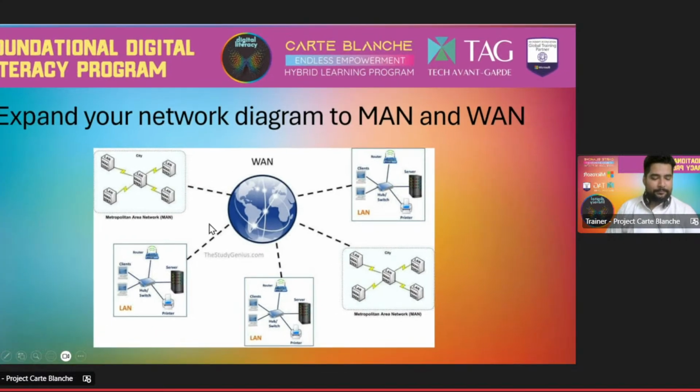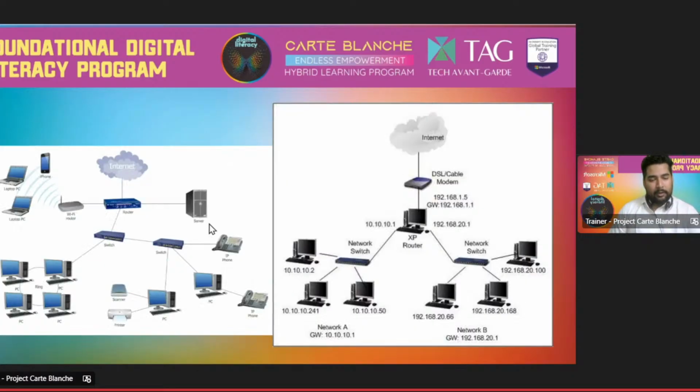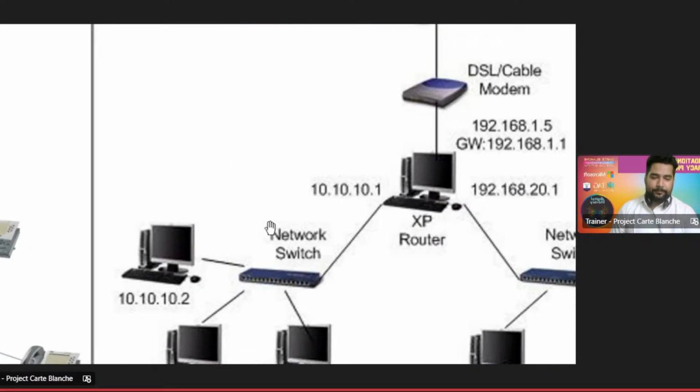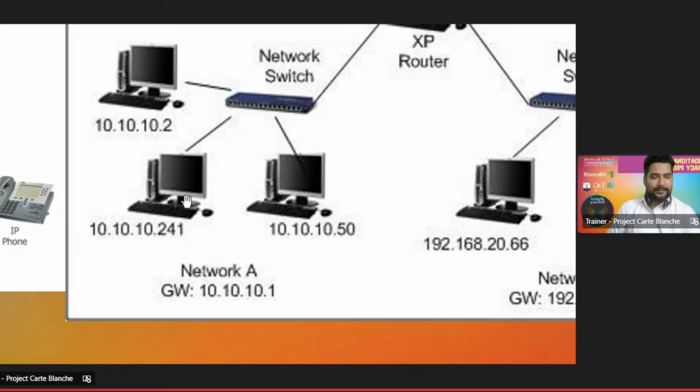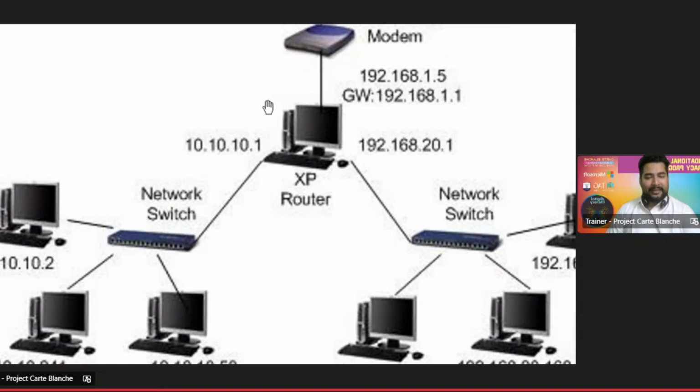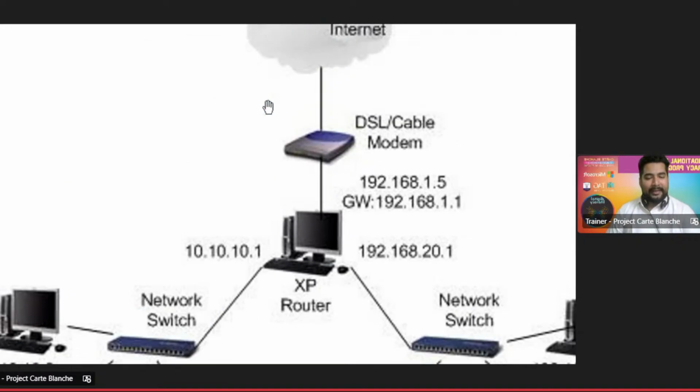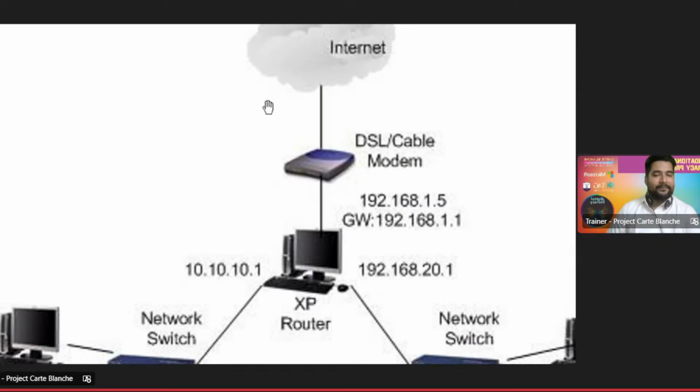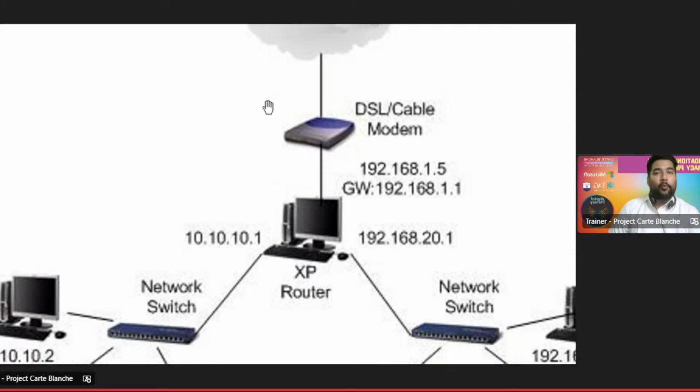Okay, so for example, let me come back to the previous story: thinking about your own school, how can your school be connected to the internet? The simple thing is, you have 4 computers connected to the network switch. Now, if the network switch wants to be connected to the internet, you have to contact your internet service provider. What the internet service provider does is set up their modem outside the school campus and give a connection to the main network.